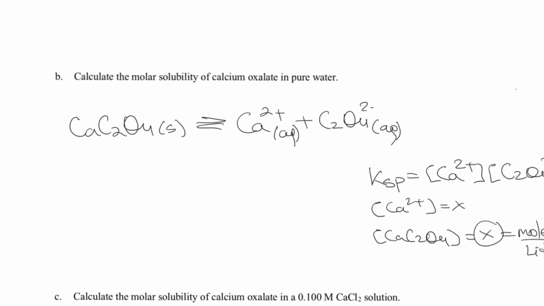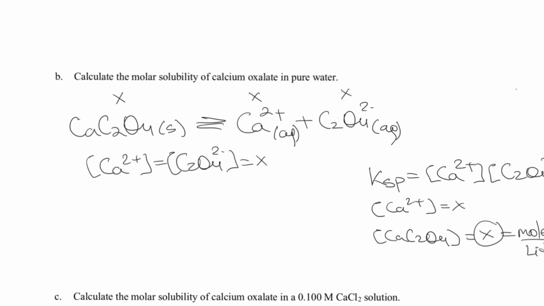Therefore, if we have X moles of calcium oxalate, the concentration of calcium ions will be X, and the concentration of oxalate ions will also be equal to X.